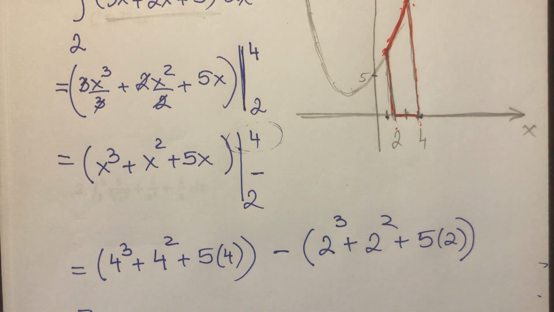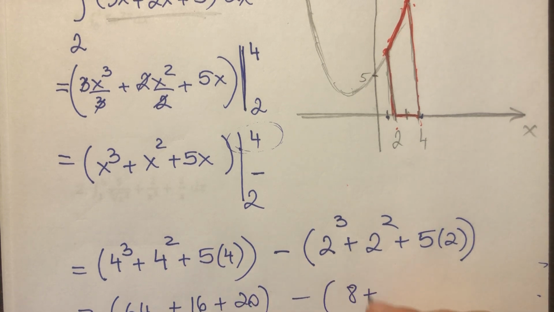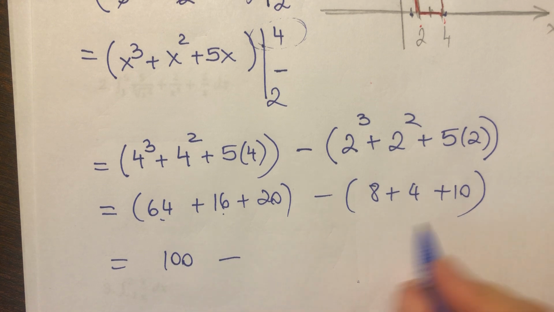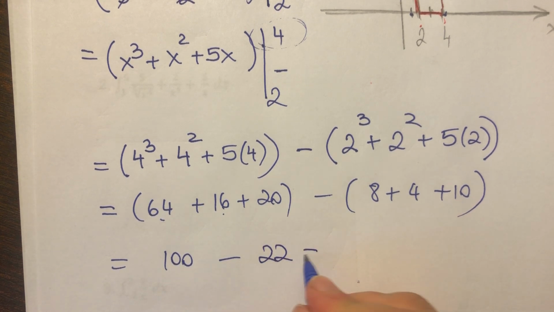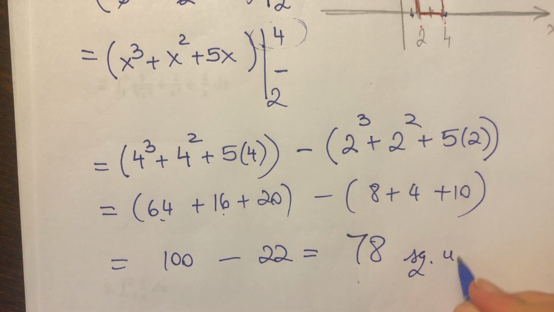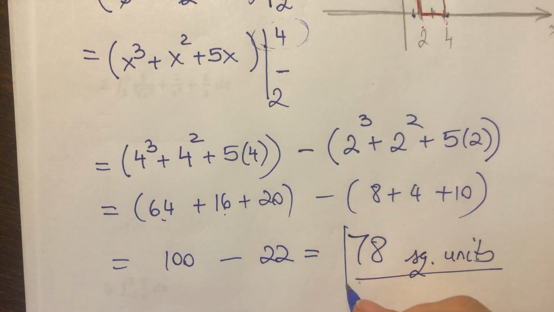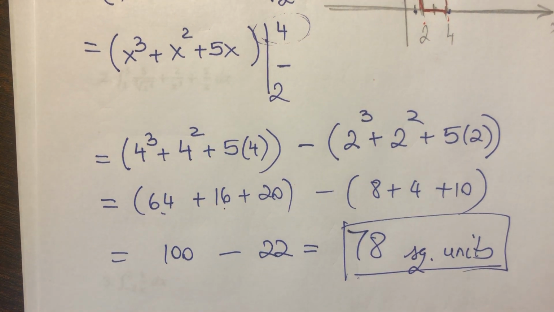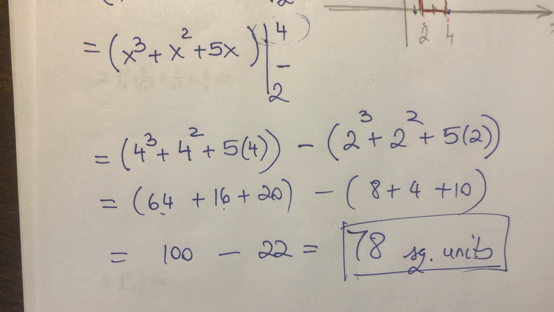So what are we going to get? Well, that's a 64 plus 16 plus 20 minus that's an 8 plus 4 plus 10. So that's 70, 80, that's 100, minus that's 22. So that's going to equal 78 square units. Okay, so put that in your calculator and you're good to go.